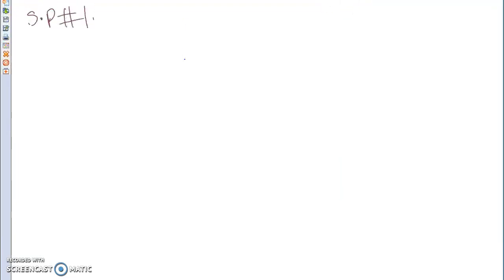All right, so we're going to do the first sample problem dealing with this change in energy. This is the Nelson Physics old textbook, sample problem number 1, page 286.